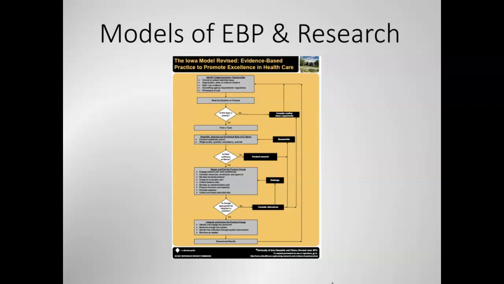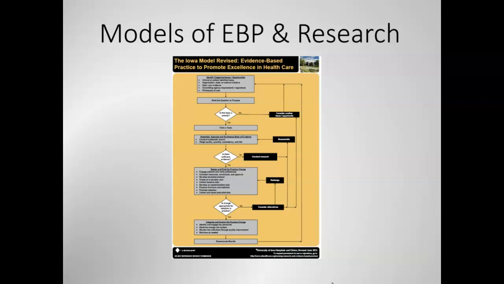When you're doing this, you might look at a few different models. So some models of evidence-based practice and research is the Iowa model. So this was presented several years ago at the University of Iowa Hospitals and Clinics, and it highlights the importance of considering the entire healthcare system, from the provider to the patient to the infrastructure to using research and practice guidelines.